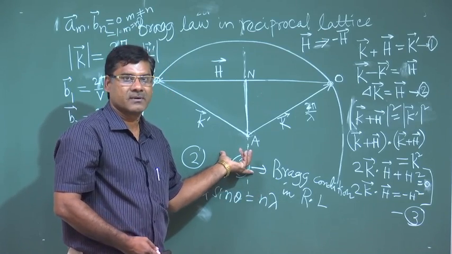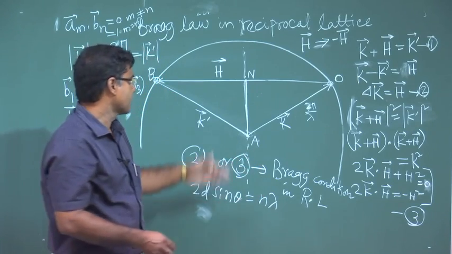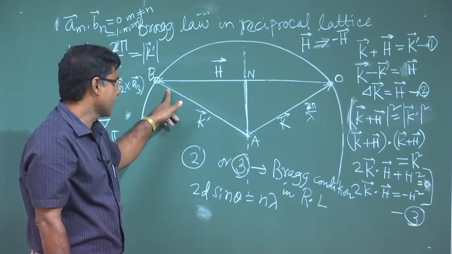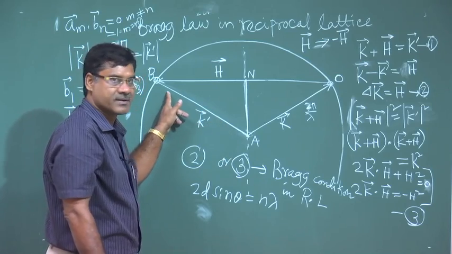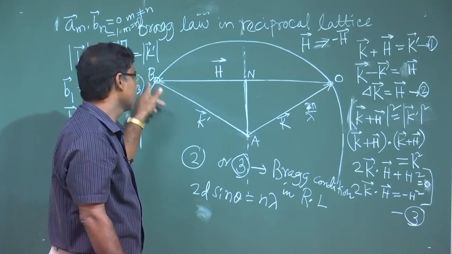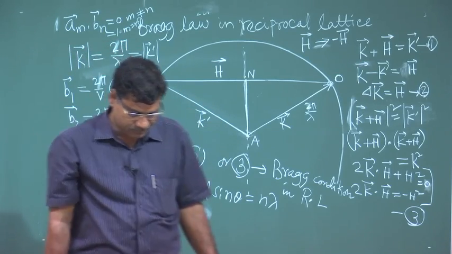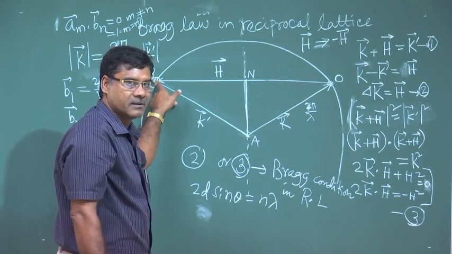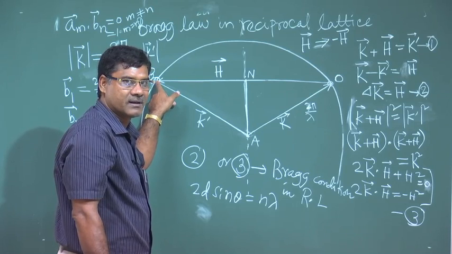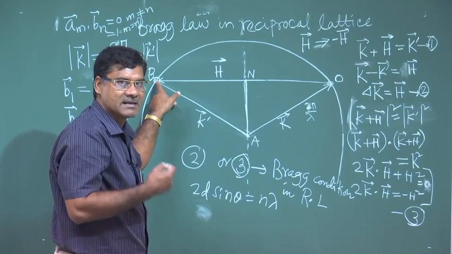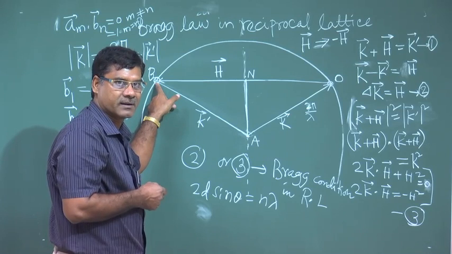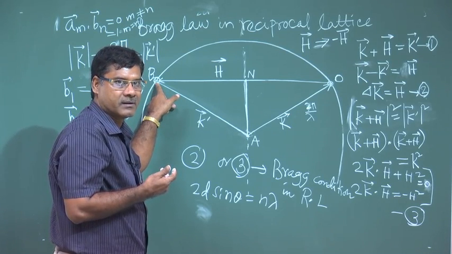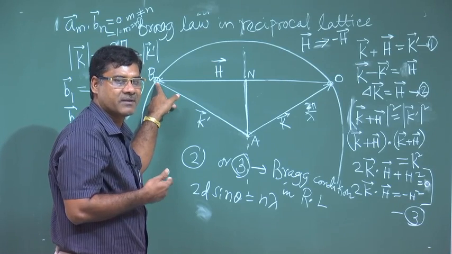This is also the condition for constructive diffraction, because this is the direction in which the X-ray will be reflected and gives what I should call the Bragg intensity, or Bragg peak, or maxima, interference maxima or diffraction maxima.